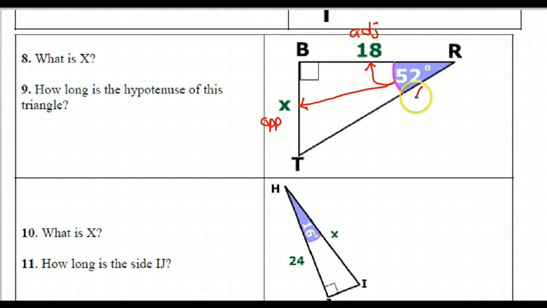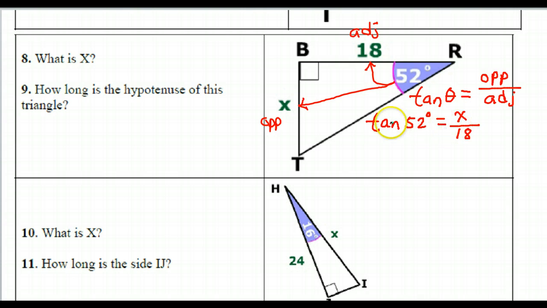We know that the tangent of any angle is the opposite leg divided by the adjacent leg. And that's what we have here. So for this specific case, the tangent of 52 degrees is going to equal opposite over adjacent, x over 18.